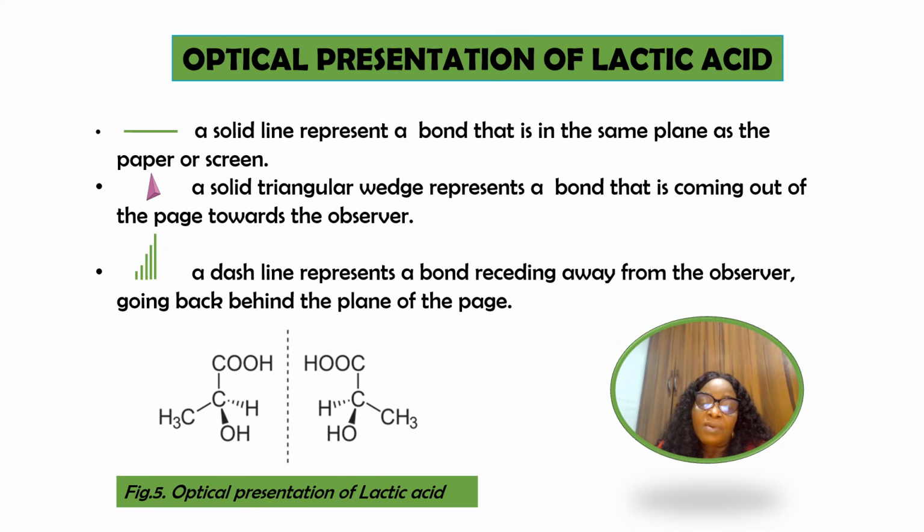A solid triangular wedge represents a bond that is coming out of the page towards the observer. It is often thickened to emphasize that it projects forward in space. And a dashed line represents a bond receding away from the observer, going back behind the plane of the page.